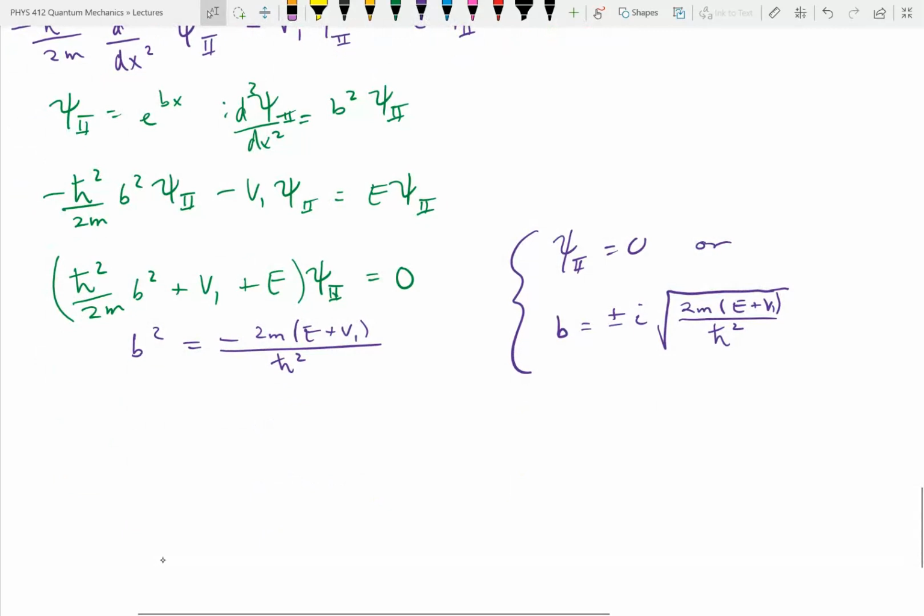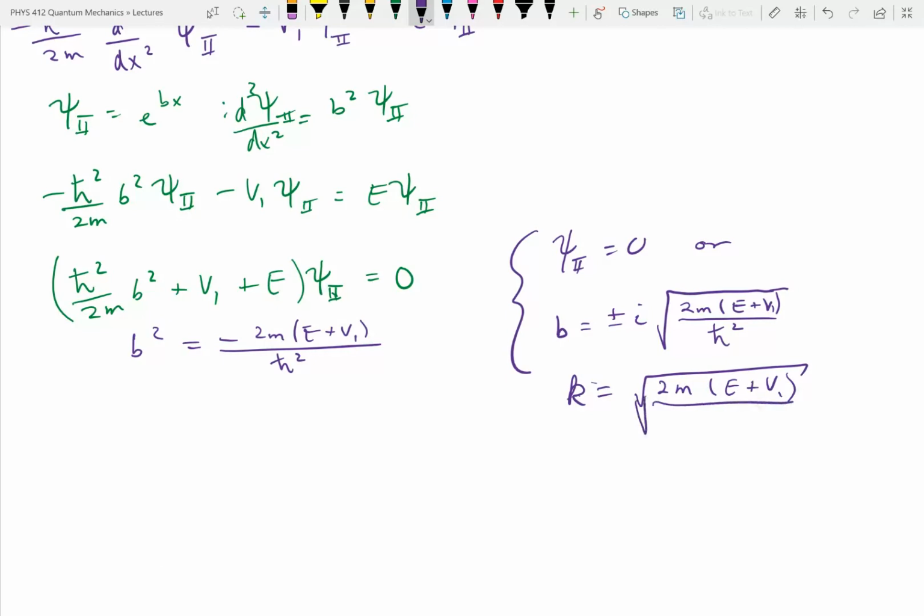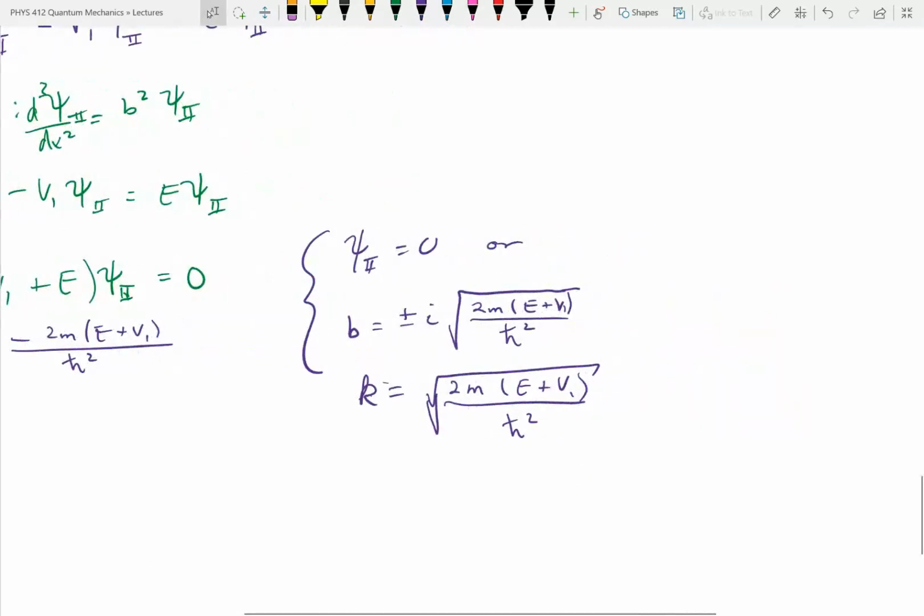And we will define, let us say, I'm going to be dangerous and use K. So b is equal to plus or minus iK.